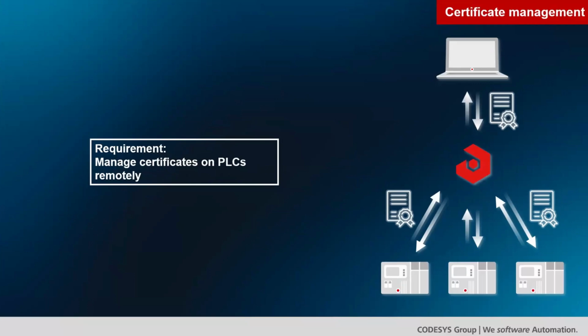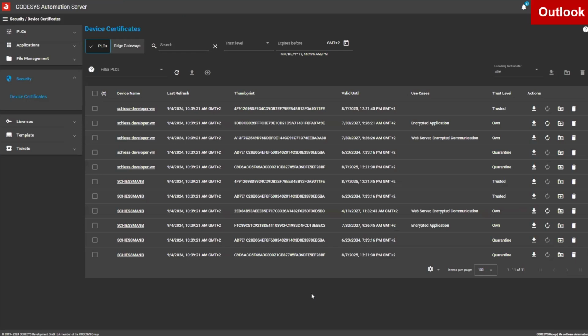Another thing which is not yet released, but is just about to be released, is the management of certificates. For that purpose, I have just a few screenshots. So this is an outlook which will be released in the very next days. There will be a security menu here with the device certificates where you can now add devices, even create devices. So you can create devices, you can upload trusted devices.